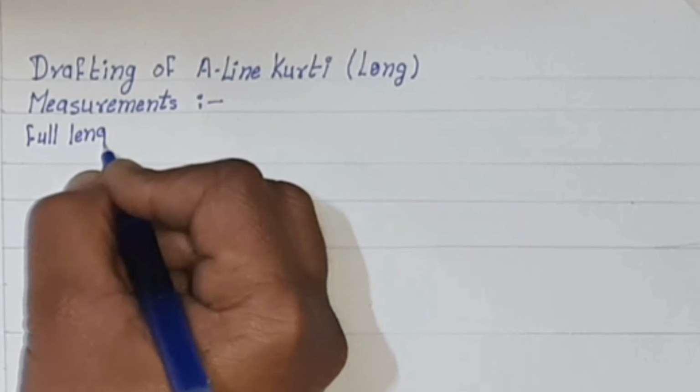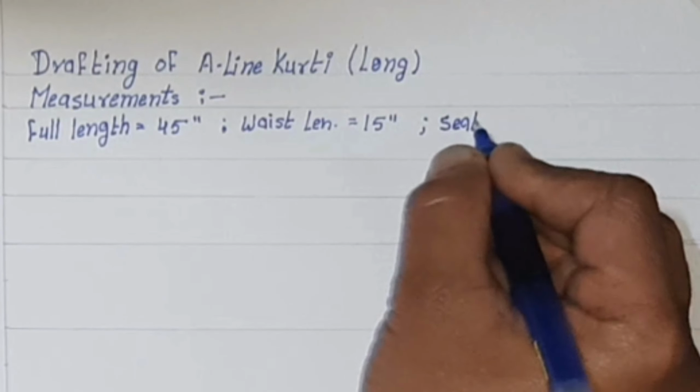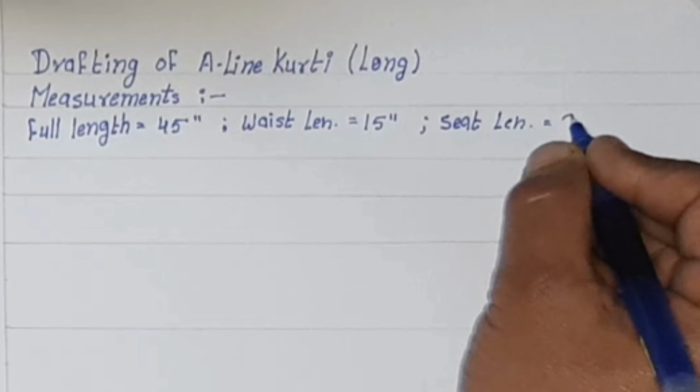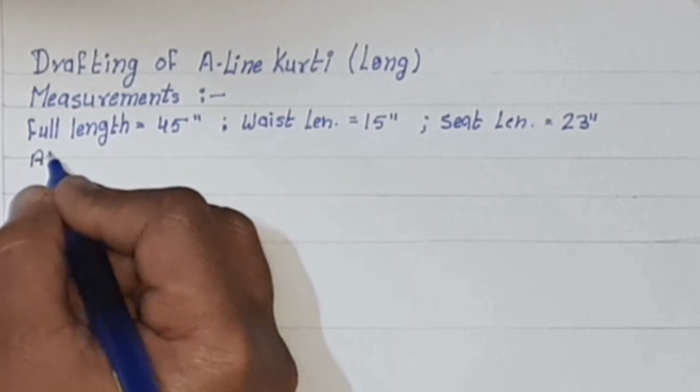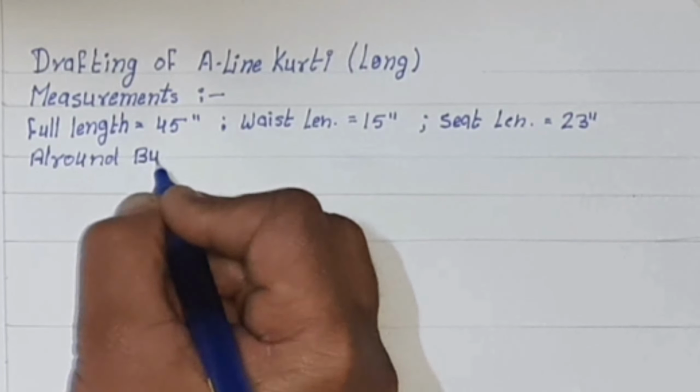So the full length is 45 inches. All round waist length, first we'll complete with the length, 15 inches. Seat length is equal to 23 inches. All round bust 36 inches.